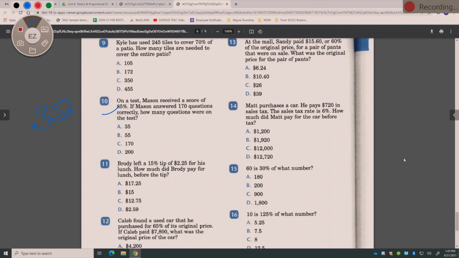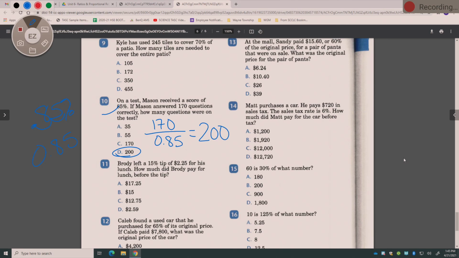So 85% is 0.85. So the part that Mason answered correctly is 170 divided by percent as a decimal, which is 0.85. And as I divide that out, that gives me 200 questions on the test.